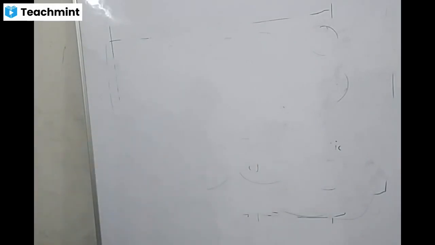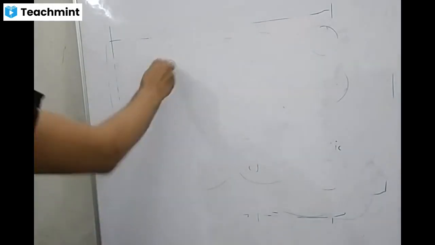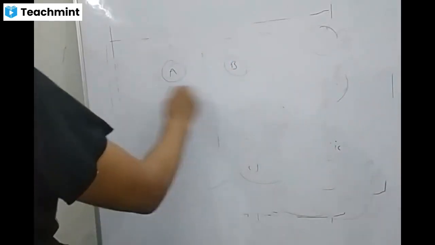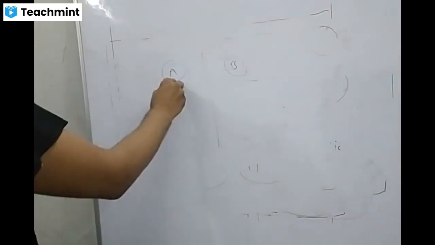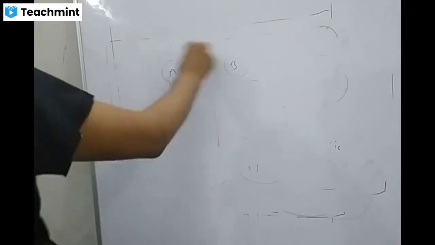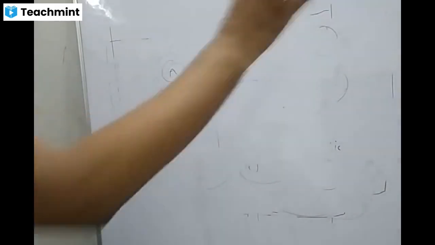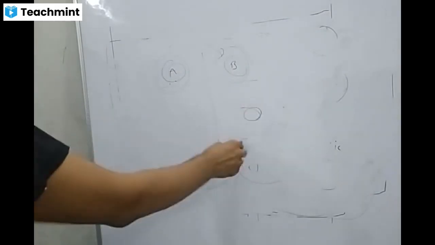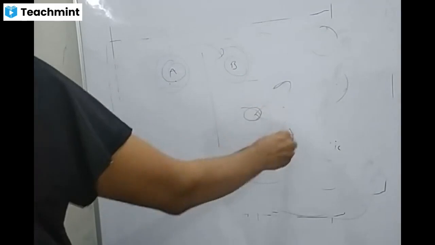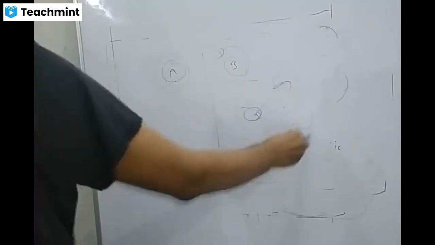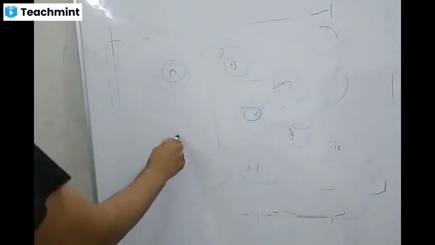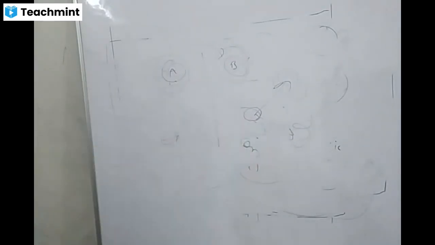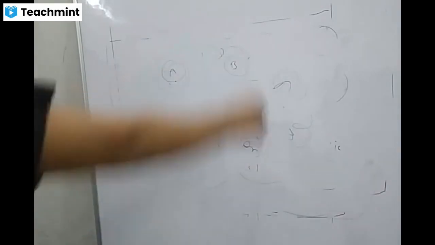So in the ICAR exam, they will ask you in a comparative manner that this trematode has some feature which matches with some cestode. This cestode has some features similar to another cestode, like this. The egg of this matches with this, or the gravid motile segments of these two. So they ask like this.